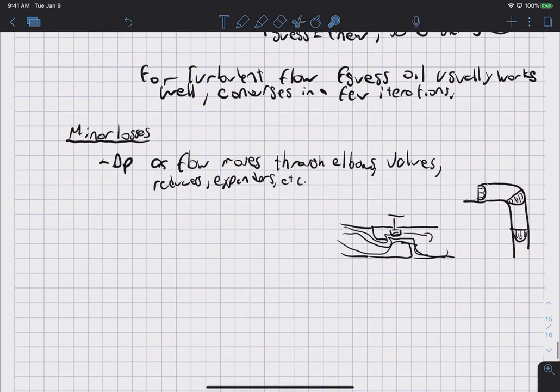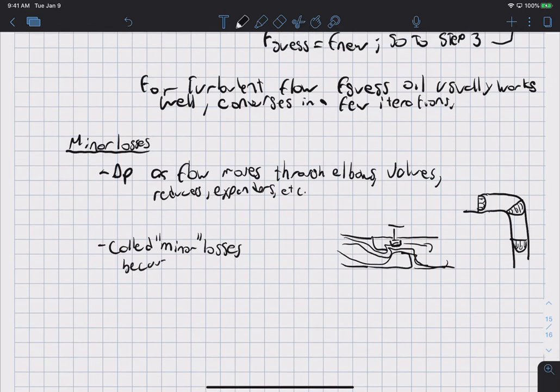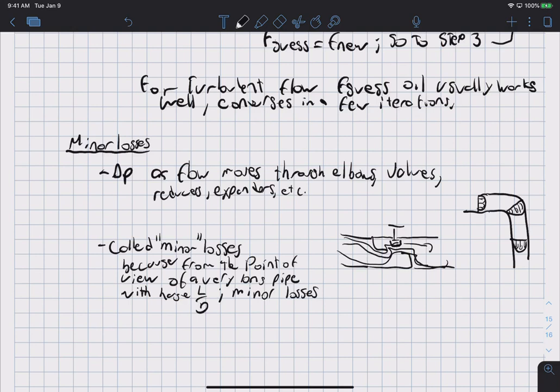However, these are called minor losses because, from the point of view of a very long pipe with a huge L over D, minor losses tend to be small.